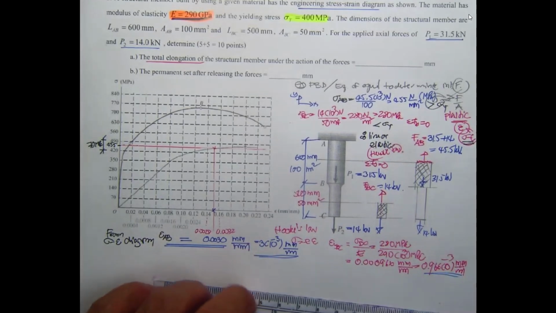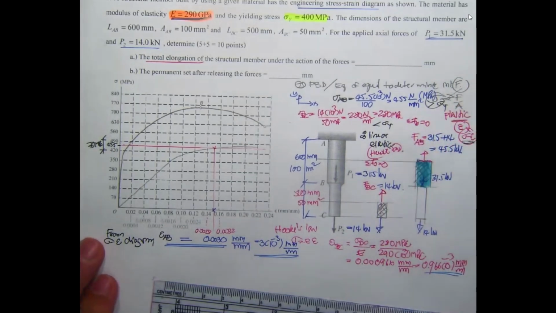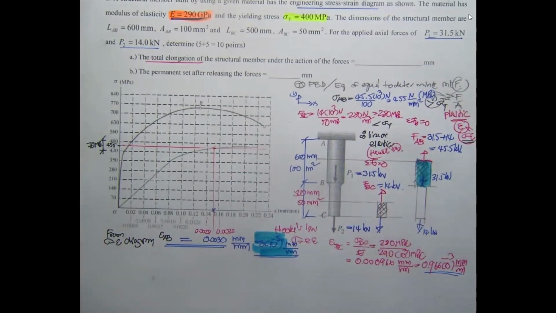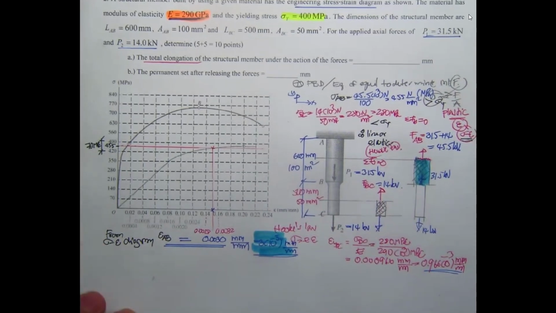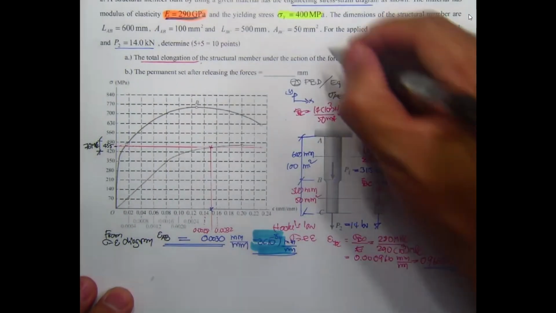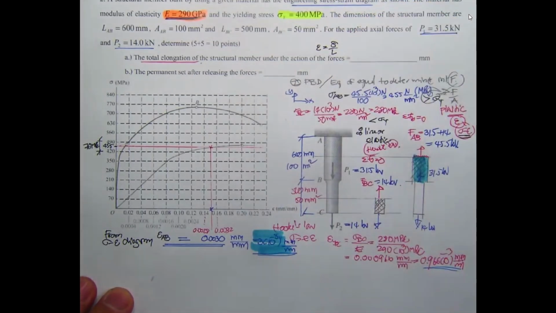Okay, and we put this one, the deformation of this one is going to be based on this one. Then coming into the total deformation, we have strain equal to deformation divided by length.